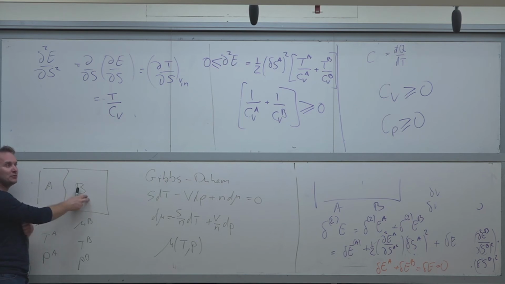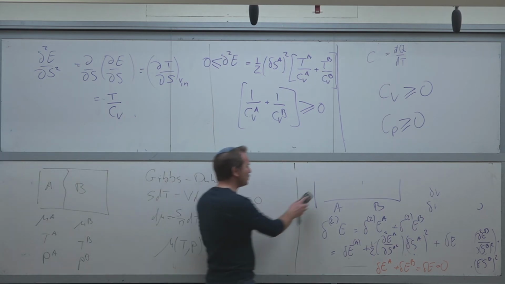Because there are some differences, not in the chemical potential itself. So the chemical potentials can be exactly the same, so the systems can be in total equilibrium with each other. But the gradients of the chemical potentials, the derivatives of the chemical potentials, can be different. And this means that the two systems are going to be in equilibrium with each other, but they are going to be somehow really, really different from each other.